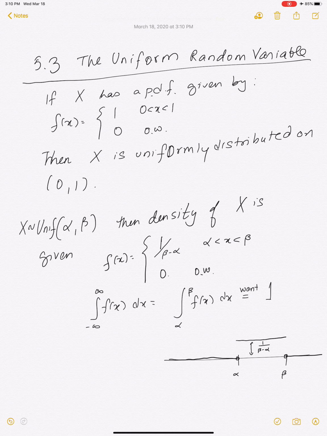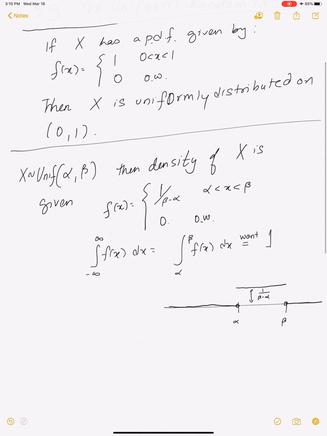You can check, since beta is bigger than alpha, this is a non-negative function, and if you integrate f of x from negative infinity to infinity, you do get 1. Then if you pick any interval, how do you find the probability that x is in that interval? If the interval is outside of alpha to beta, then the probability x is in that interval will be 0. And if the interval, let's say a to b, is in here, how do you find the probability of x being in a to b?